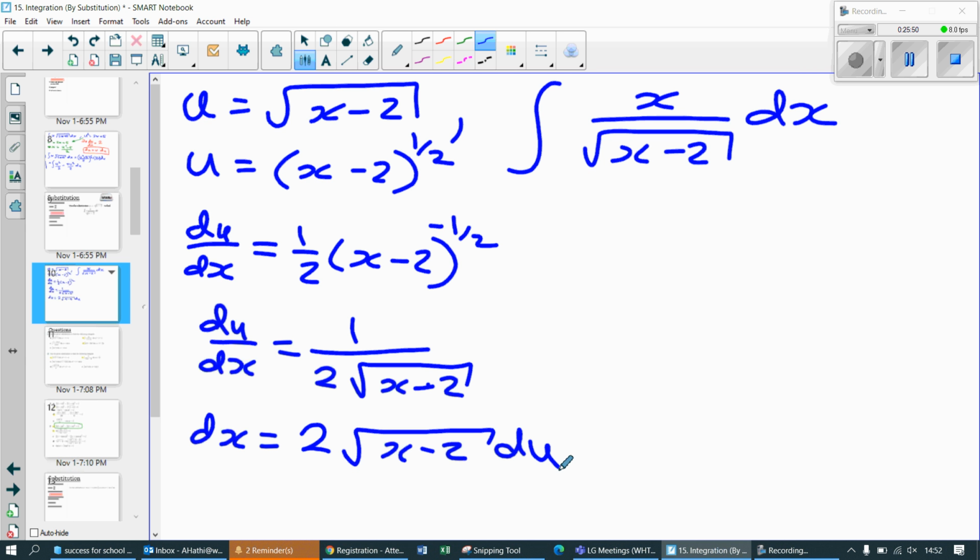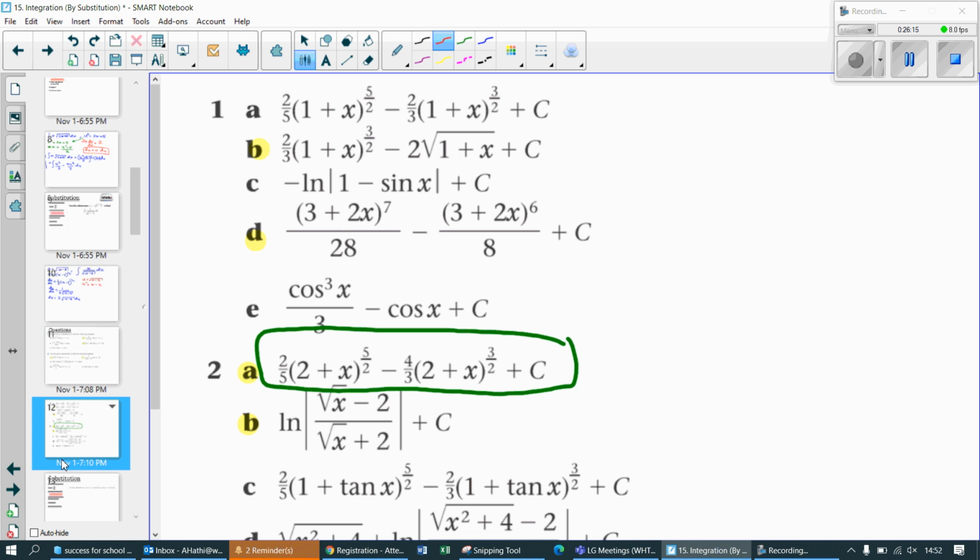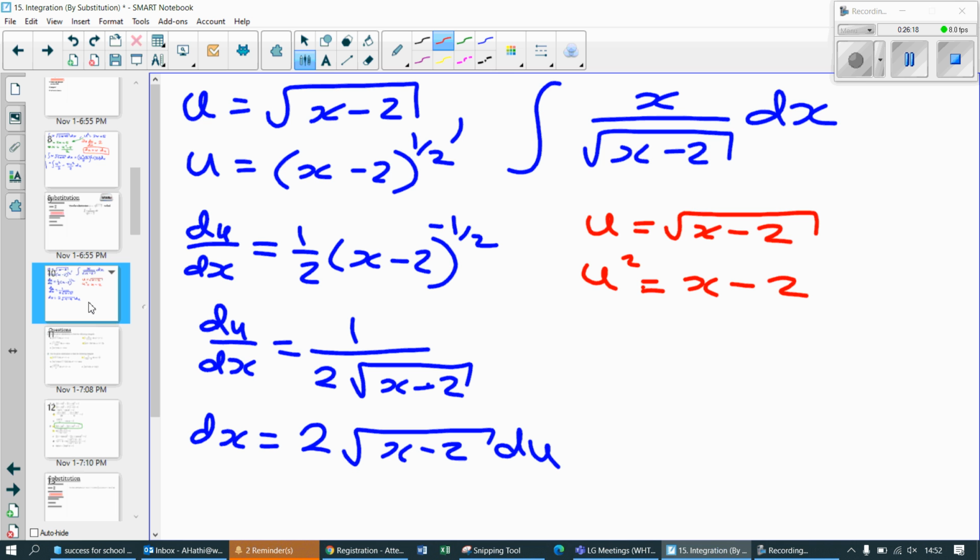Okay, so next step, from here I need to figure out what x is, don't I, to make that substitution. So let's start over here. u equals the square root of x minus 2. So u squared equals x minus 2. And this is where it's going to get a bit tricky.